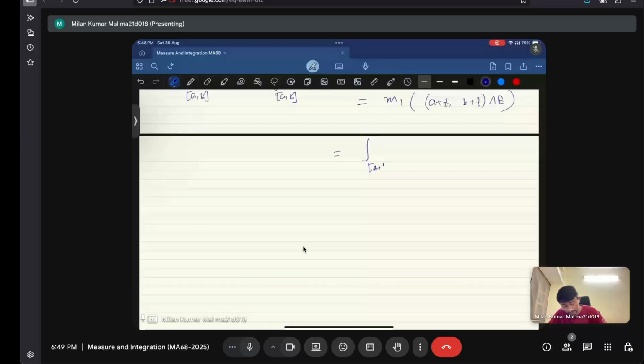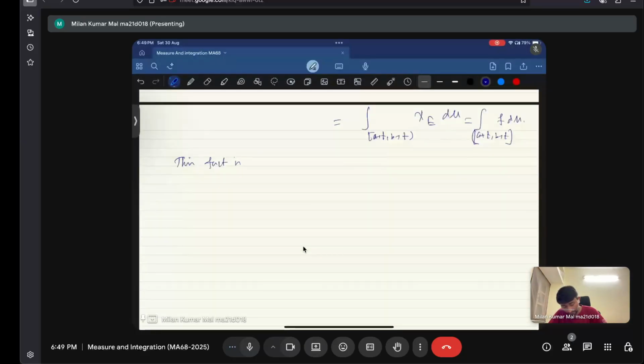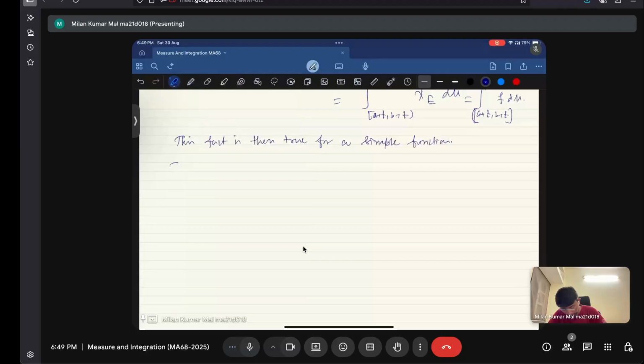That is, for a simple function phi, the integration over a to b of g, or one can write it as f of x plus t, d mu x, equals the integration from a plus t to b plus t of f of x d mu x.